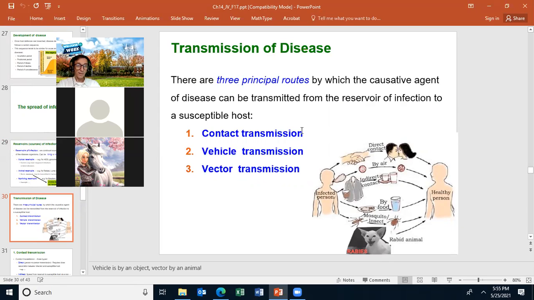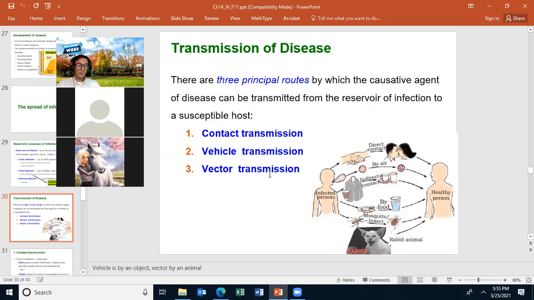There's also vehicle transmission, where some object spreads the disease from one person or a reservoir to a healthy person who then comes down with disease, like from the food or the glass.